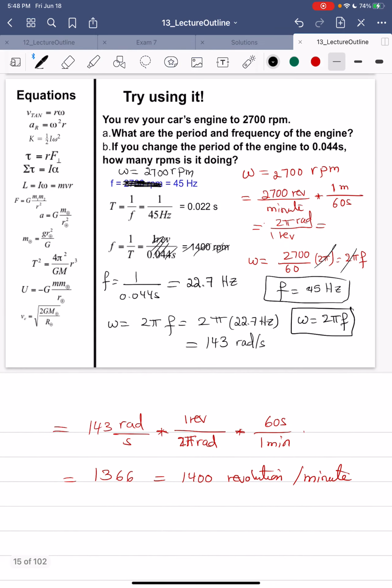I need to convert this into revolutions per minute, because this is what I am looking for, RPM. The answer was 1366, but we have two significant figures, and this is the reason why I would round it to only two significant figures.